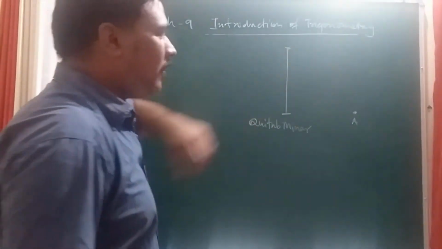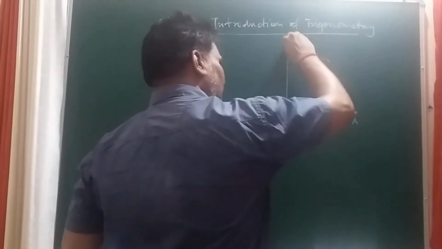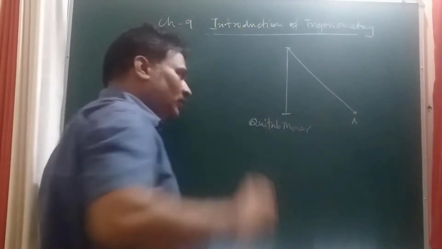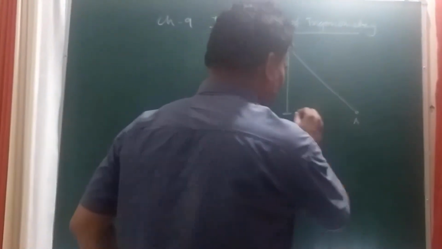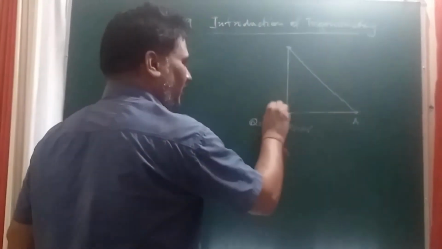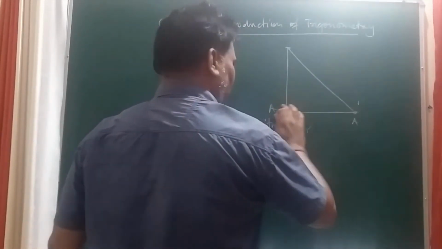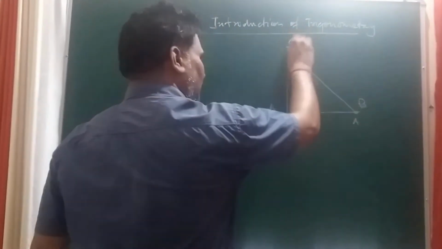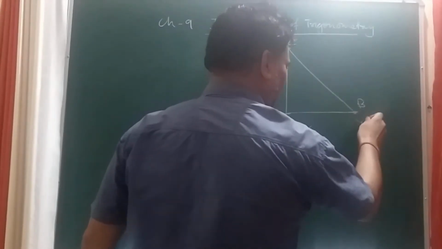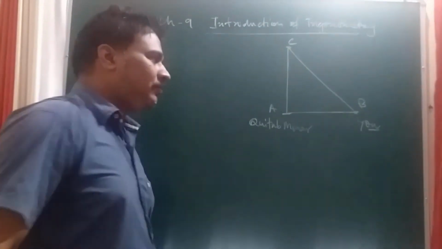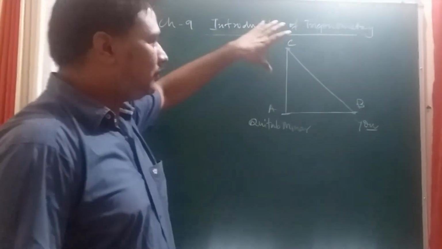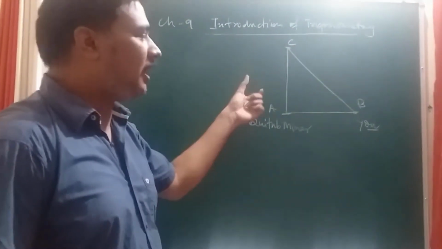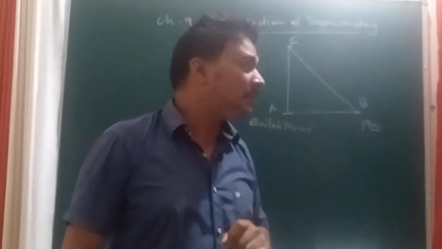If you see the top of the Minar, you imagine a right angle triangle like this: A, B, C. Here is you. Can you find out the height of the Minar without actually measuring?